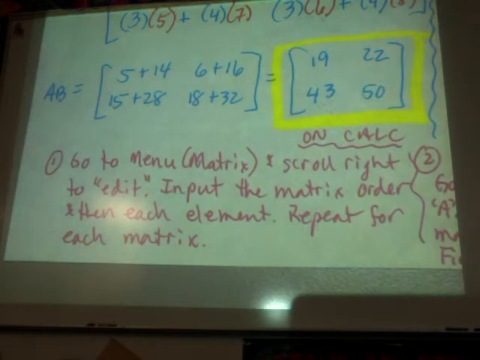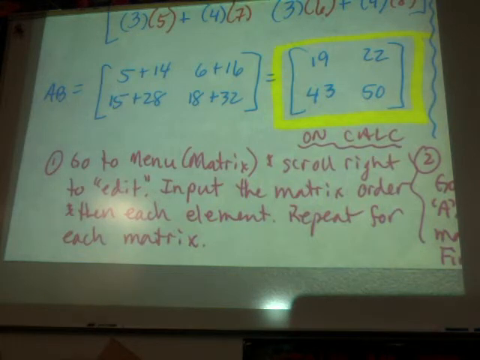Where's matrix? Second, x to the negative 1. Yep, if you look above your x to the negative 1 button, you'll see matrix up there.